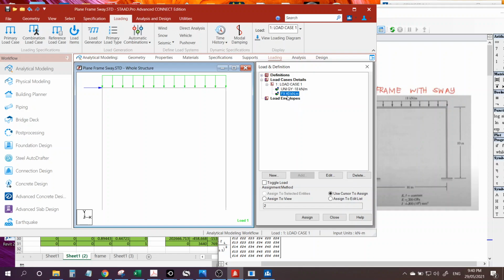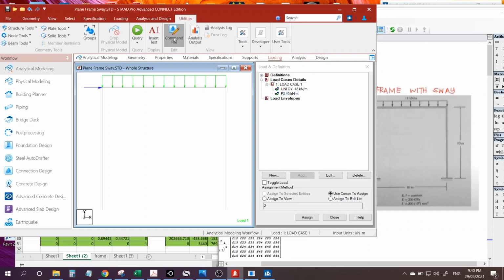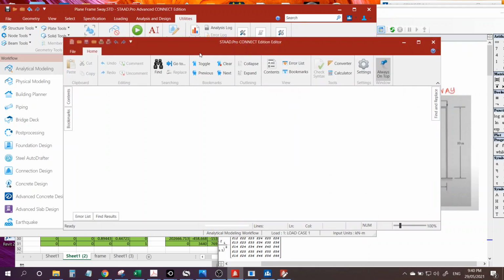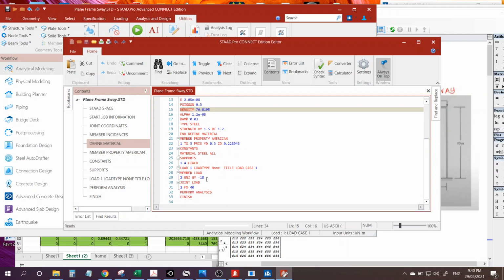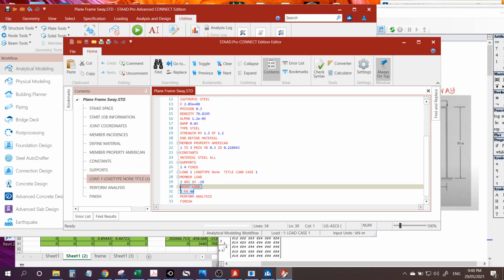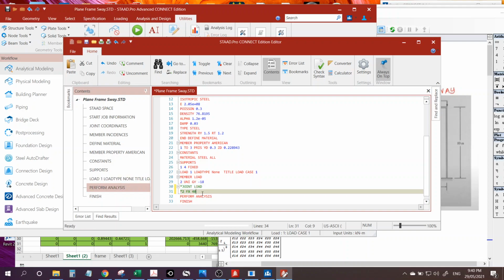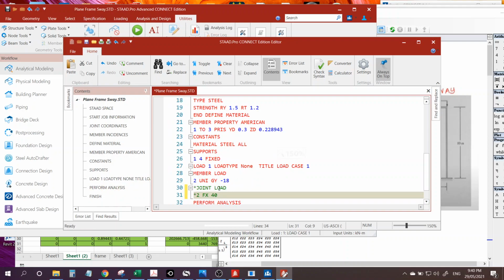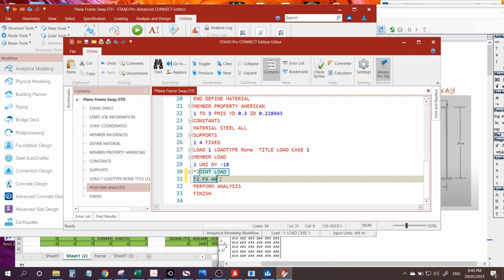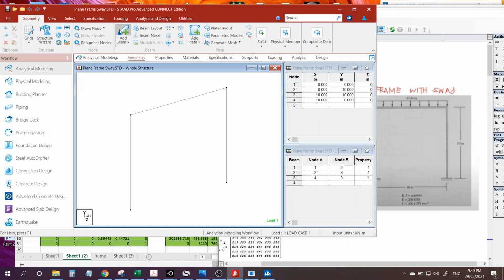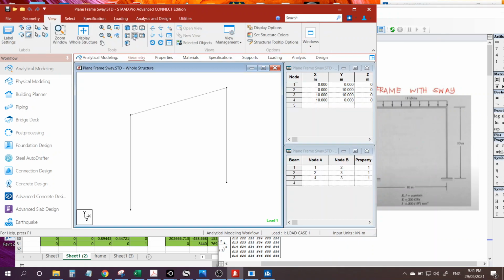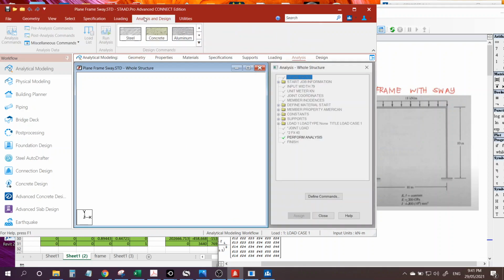In order to not delete it totally, I'll proceed to the STAAD editor and make a comment for the STAAD to ignore the 40 kilonewton. Save, close. Then run.